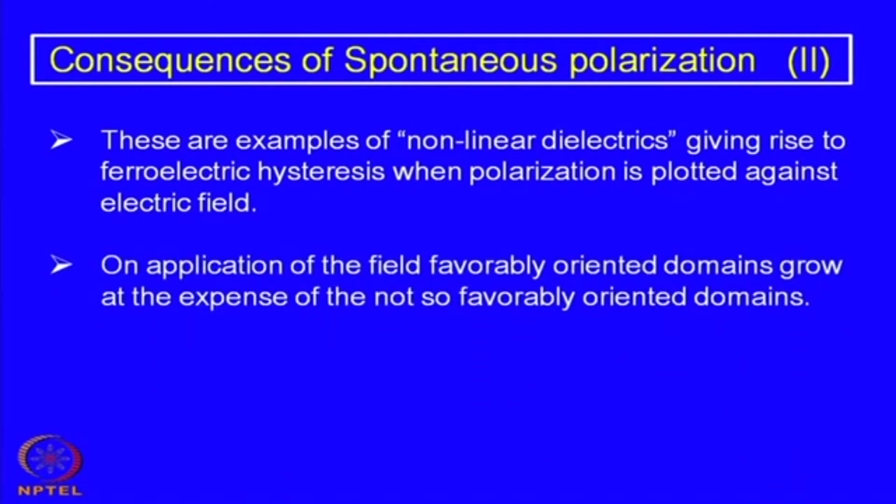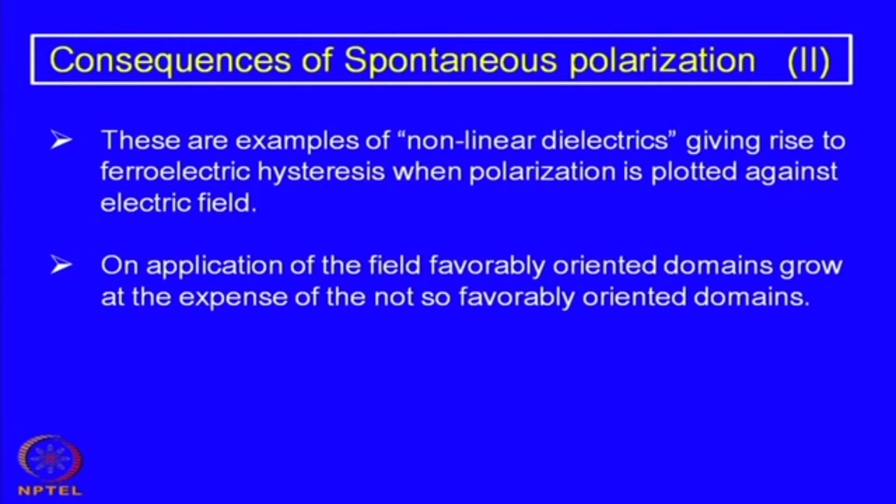On application of the field, favorably oriented domains grow at the expense of the not so favorably oriented domains. When you apply an electric field, there is a change of orientation, and all the dipoles tend to orient themselves along the direction of the field.